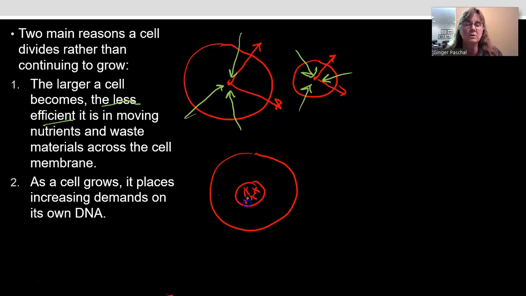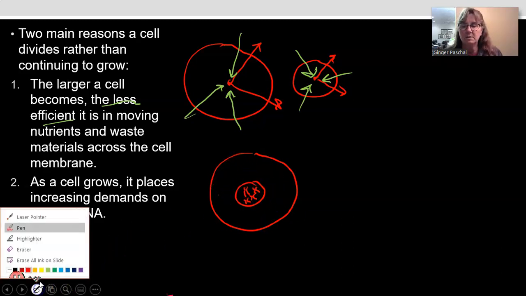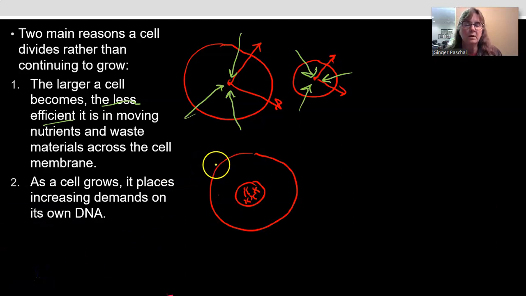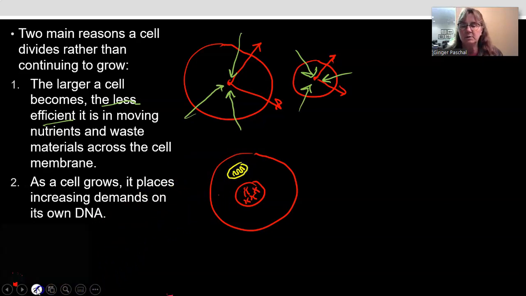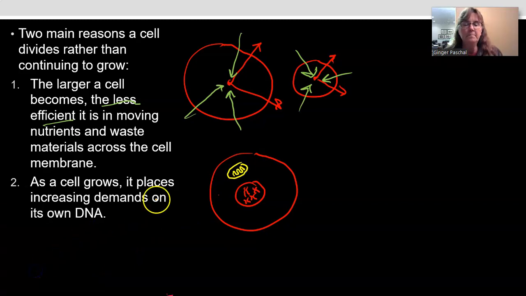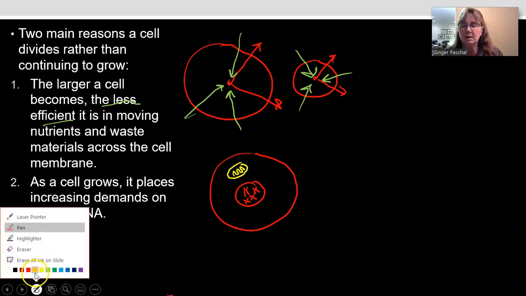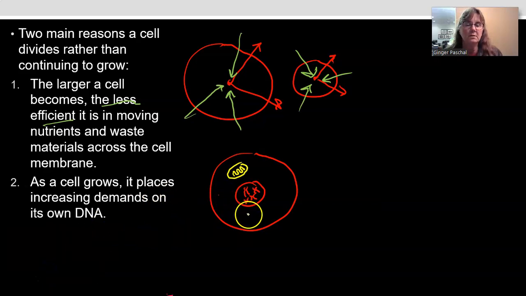That genetic information is responsible for all the organelles out in this space, like the mitochondria, or if this were a plant cell, lots and lots of chloroplasts. So you can see it becomes a whole lot more burdensome on a cell when it is larger in size.